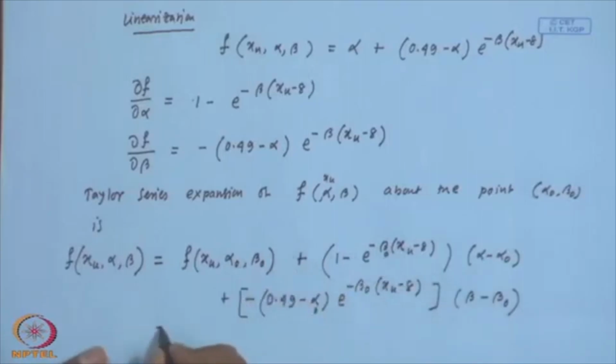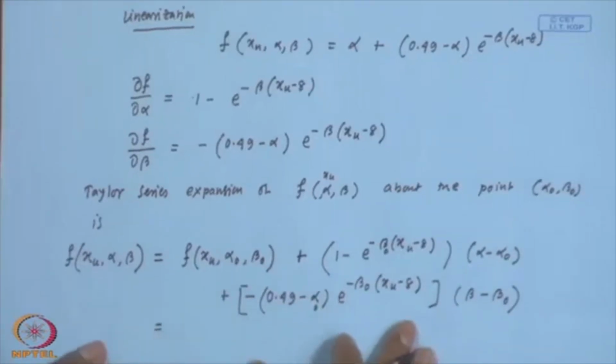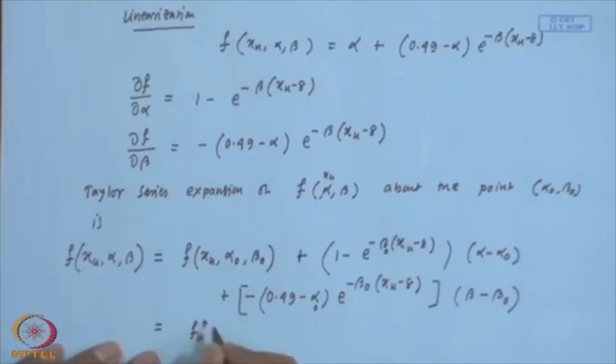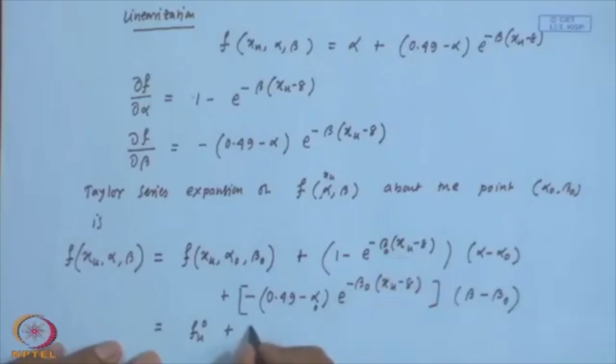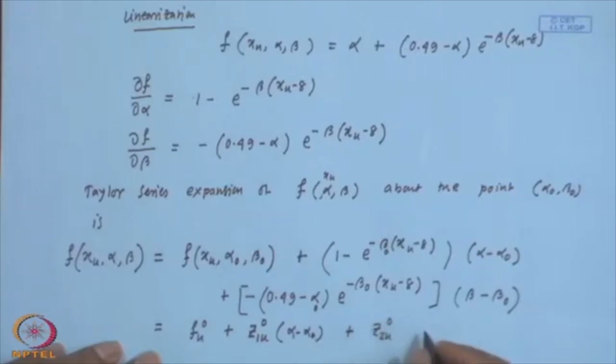We will write this in notation. This one is equal to f_u naught, plus this partial derivative at the point alpha naught, beta naught, which we will write as z_1u naught, times alpha minus alpha naught, plus z_2u naught times beta minus beta naught. Okay.